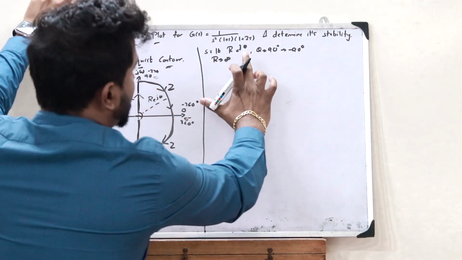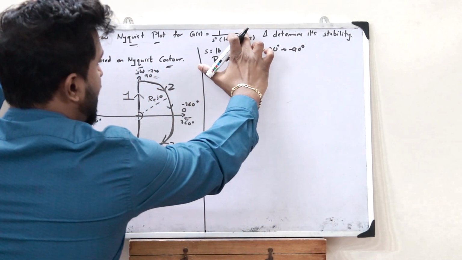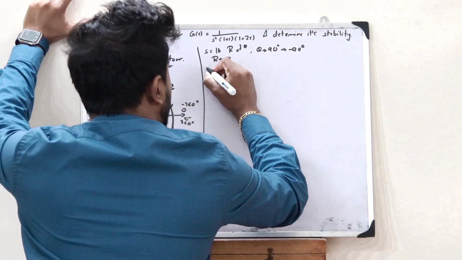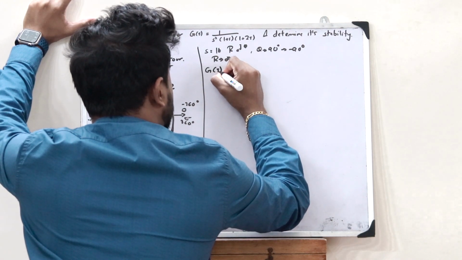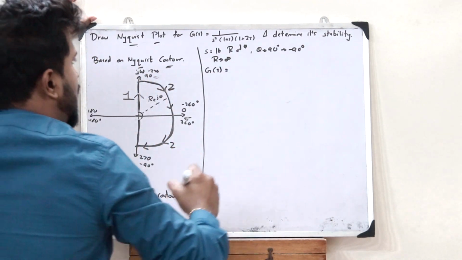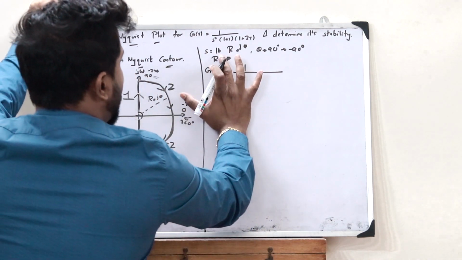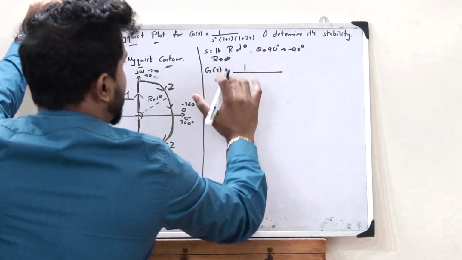Now let us substitute this in the equation. We would now get the open loop transfer function G(s) = 1 divided by s squared, where s is limit r tends to infinity, r e raised to j theta.